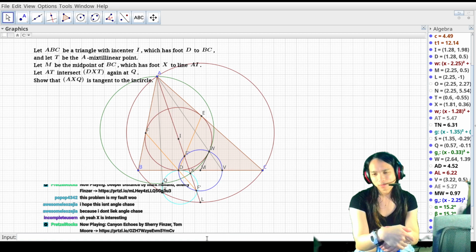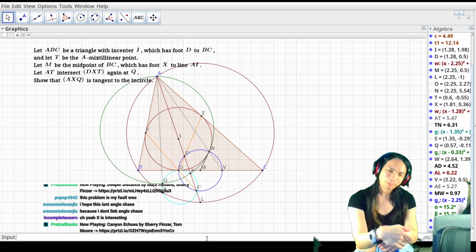So X is... I almost want to think of X as the midpoint of E prime F prime, but I don't know if that's actually right.